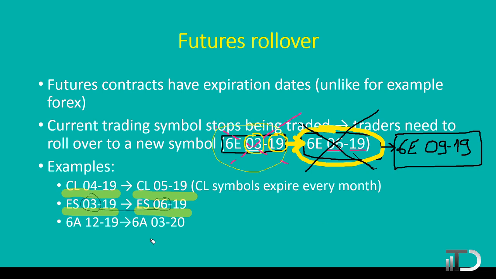A very similar case is this symbol, which is futures for the Australian dollar against the US dollar. As you can see, this one expires in December 2019. After that, you roll over to this symbol, which expires in March 2020.